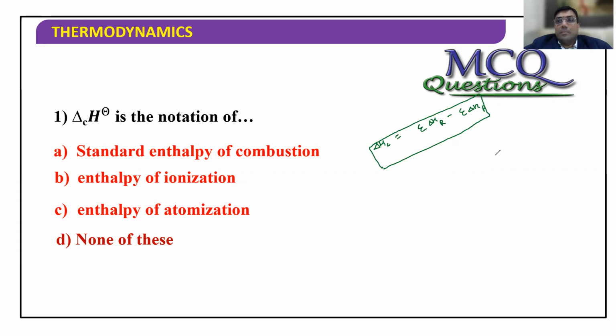Because in the heat of formation, for example, take the heat of formation of methane. The heat of formation of methane is carbon solid plus 2H2 gas giving CH4 gas. But when combustion is considered, the reactant will be on this side. If you write the combustion of CH4 with O2, CH4 is on the left side.